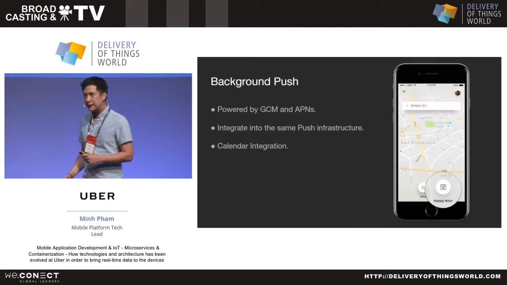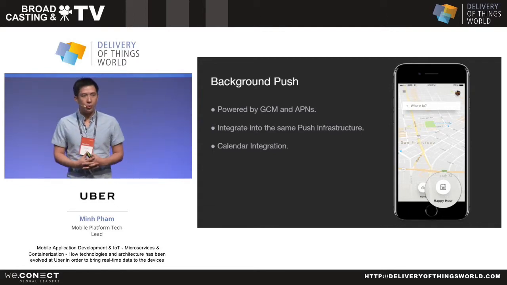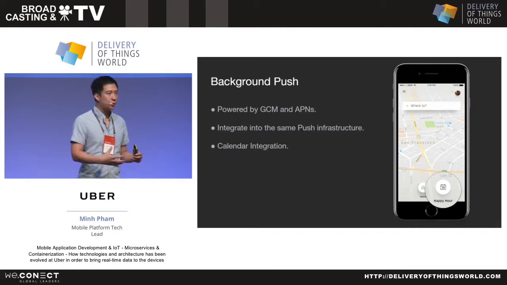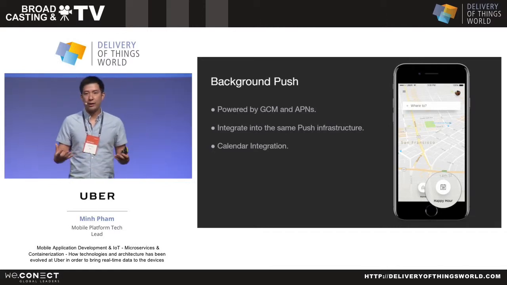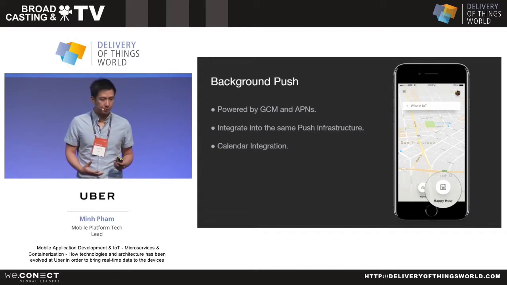We also extended the capability of this channel to work in the background as well. So we are able to send data to the user even when they're not opening the app. We do this through support of Google Cloud Messaging and Apple Push Notification.